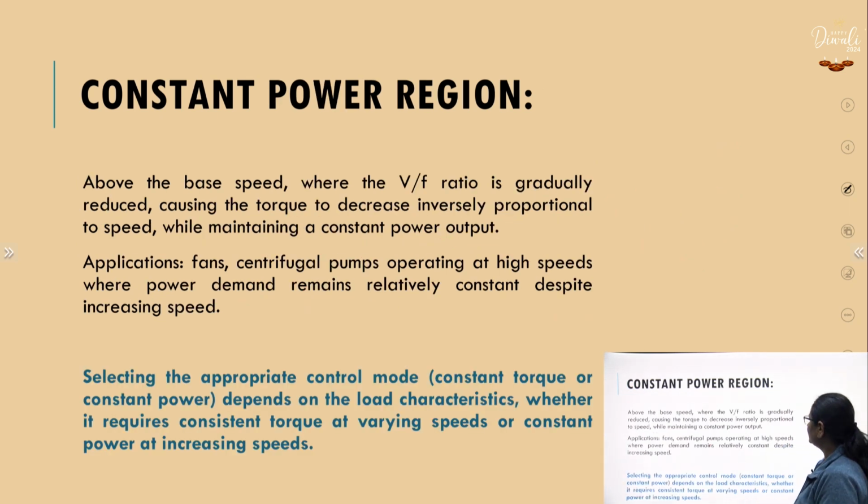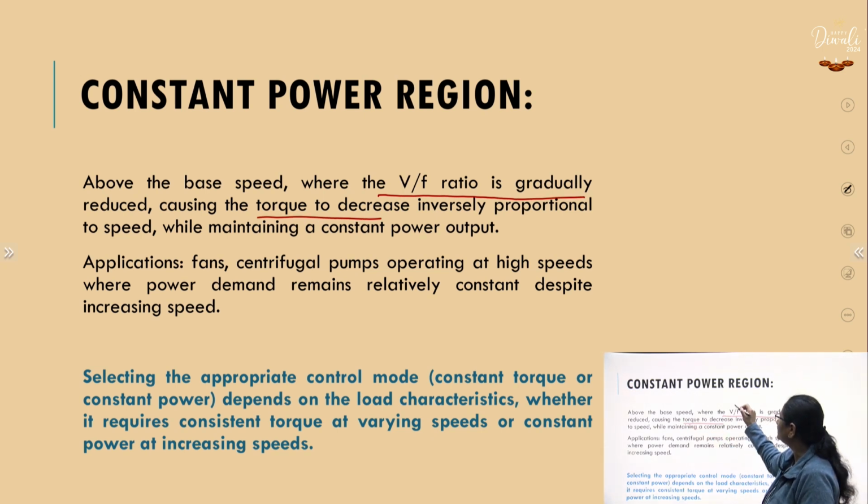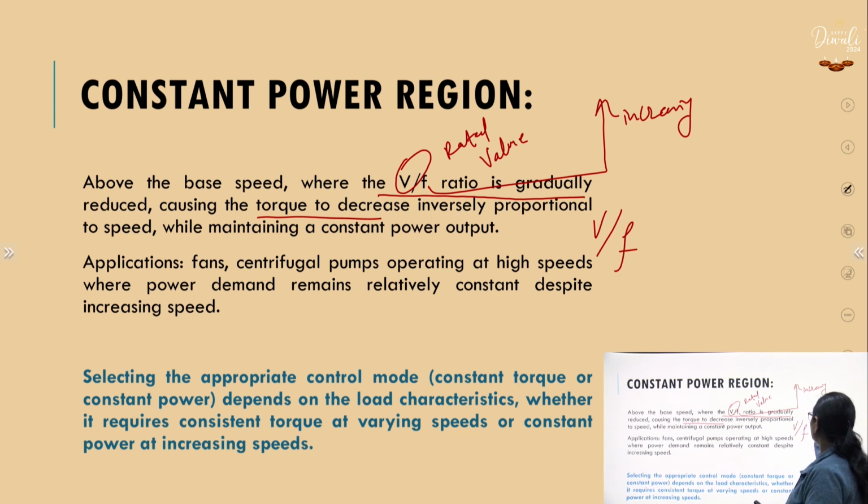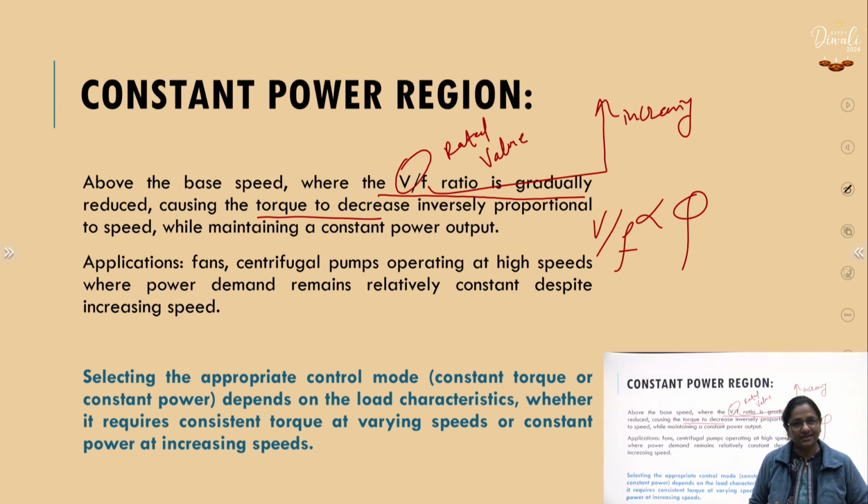Constant power region. Above the base speed, the V by F ratio is gradually reduced as we are maintaining V constant at the rated value while we are increasing the frequency. There would be a reduction in the ratio V by F and hence a reduction in the air gap flux of the machine.